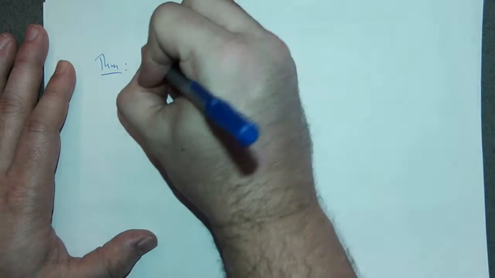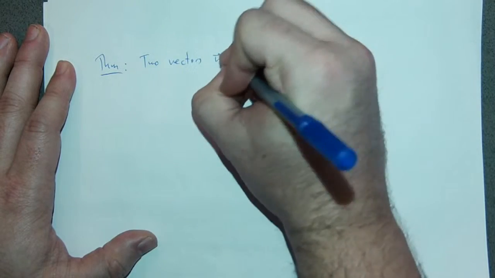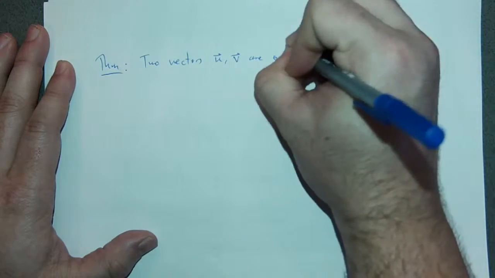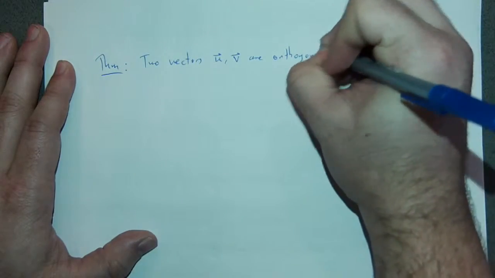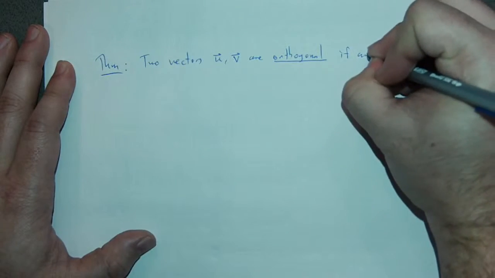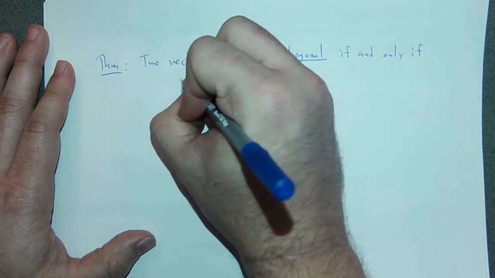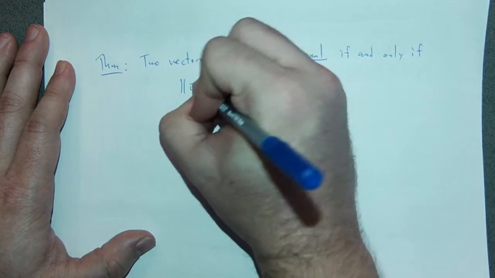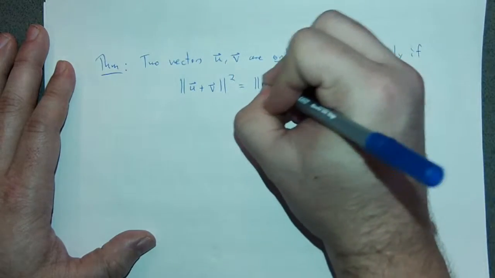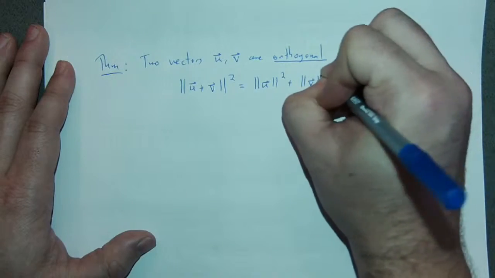I'm just going to say two vectors, u and v, are orthogonal if and only if the length of u plus v squared is equal to the length of u squared plus the length of v squared.